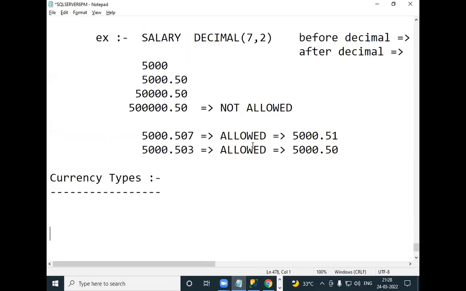Currency types. Still not clear, this one?